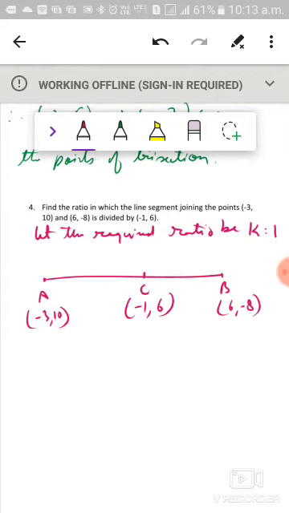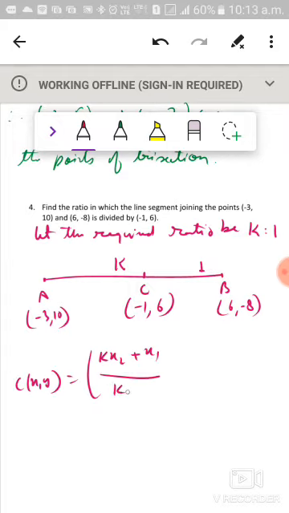In place of m is to n, we will put k and 1. Then the section formula will be: C(x, y) equals (kx2 plus x1) by (k plus 1), same for y, (ky2 plus y1) by (k plus 1).